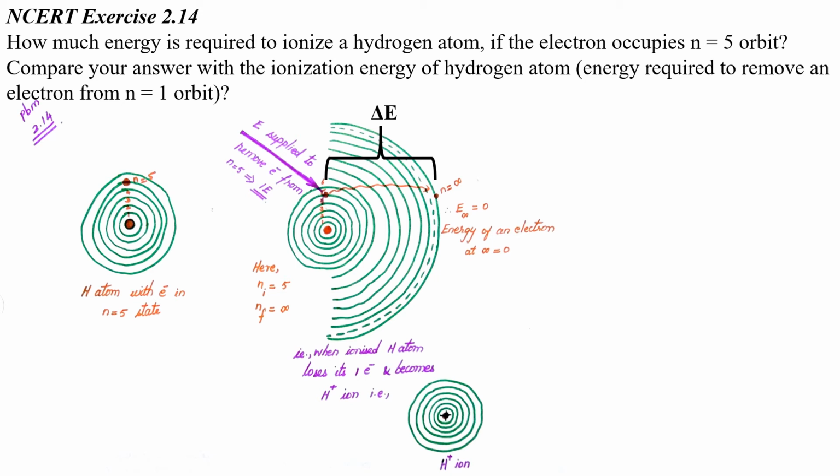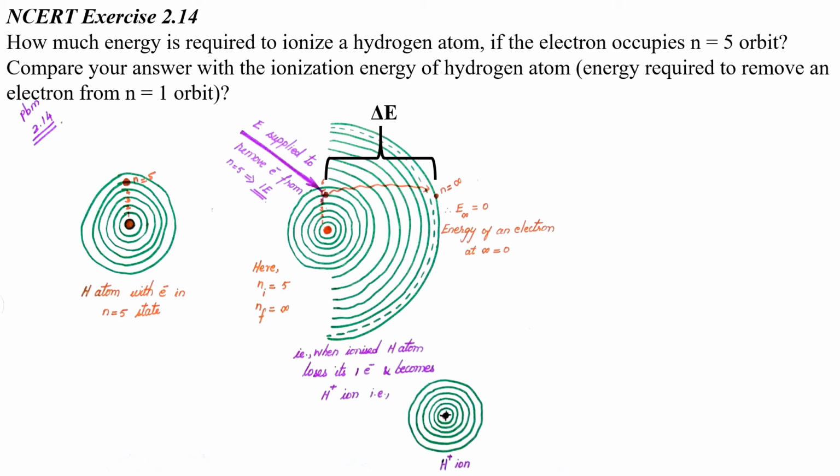Imagine an nth orbit of the hydrogen atom which is far, far away from the nucleus. If the electron reaches that nth orbit at infinity, it will not be experiencing any force of attraction from the nucleus of the atom. Otherwise, you can say that it is out of the hydrogen atom.